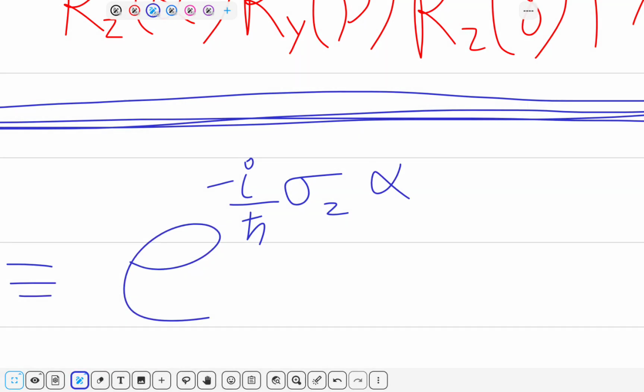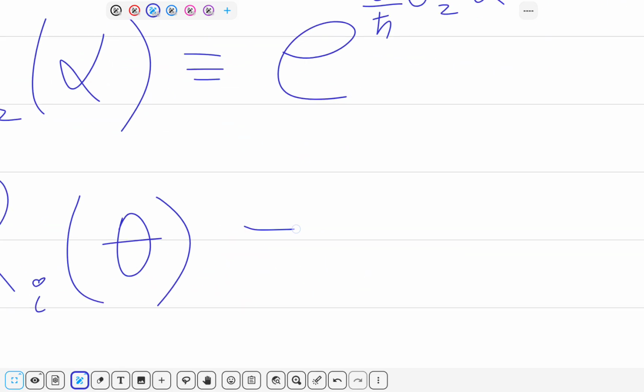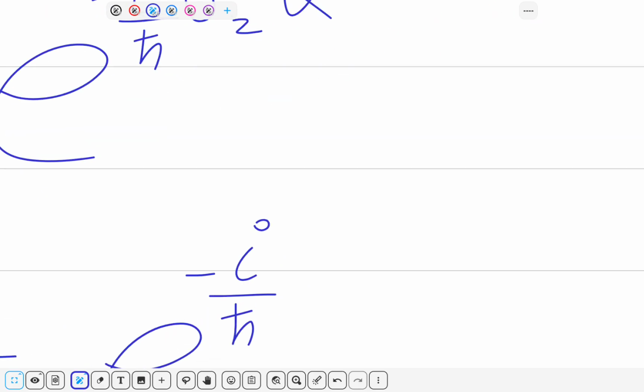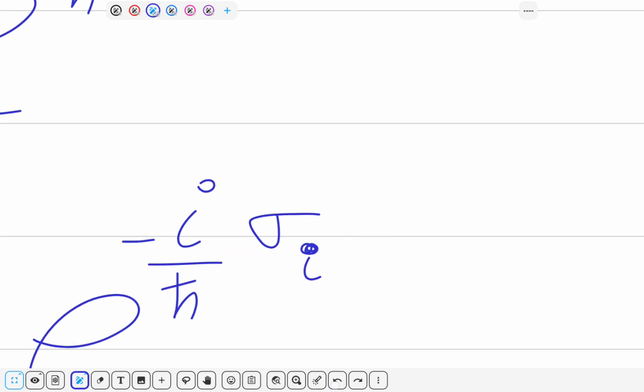I don't know what the limitations of this are, but similarly, if you want to do a rotation about the i-th axis with angle theta, you can just apply this operator, where sigma i is the Pauli matrix and theta is some angle.